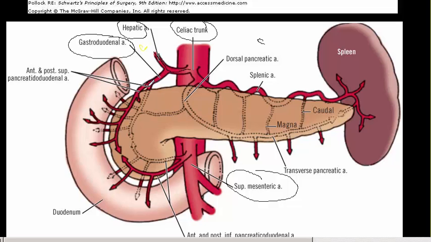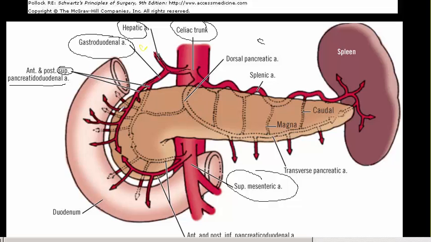And as a result of that, the gastroduodenal artery will give the anterior and posterior pancreaticoduodenal arteries, anterior and posterior. But they are also superior.